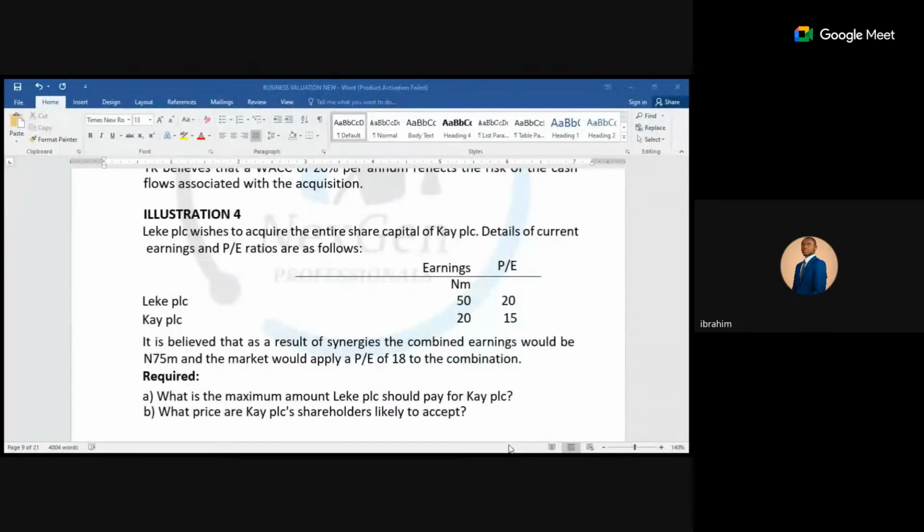Do you know what you will do? The first step, step 1, determine the value of the combined company. What will be the value if you are acquiring the whole company? What will be the value of you and I combined together?